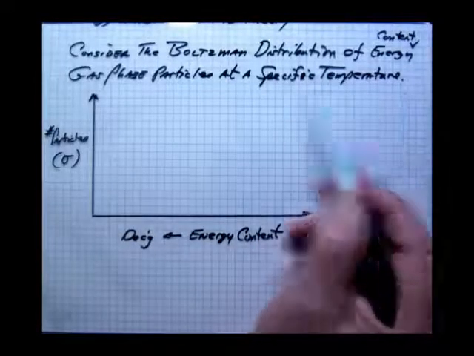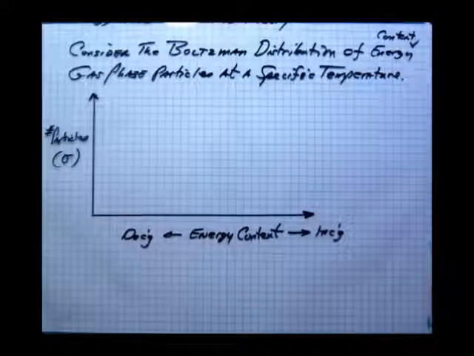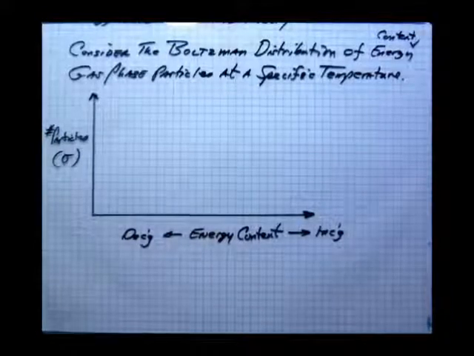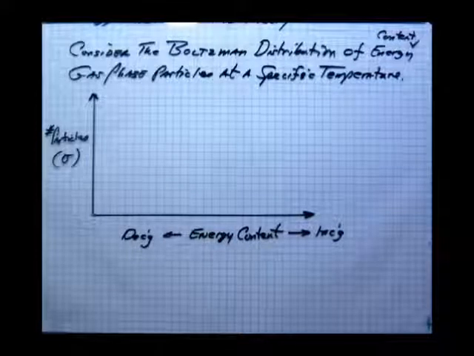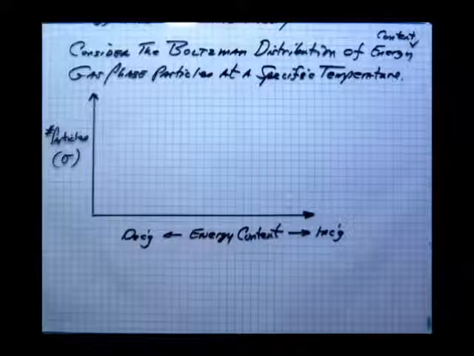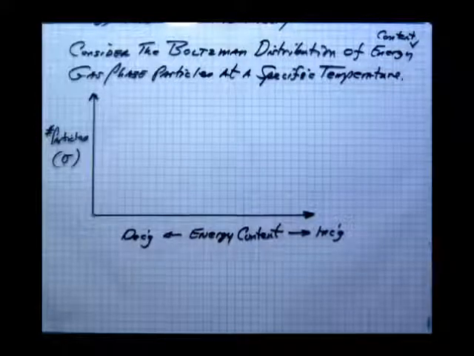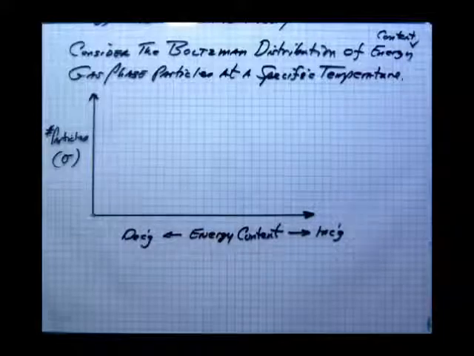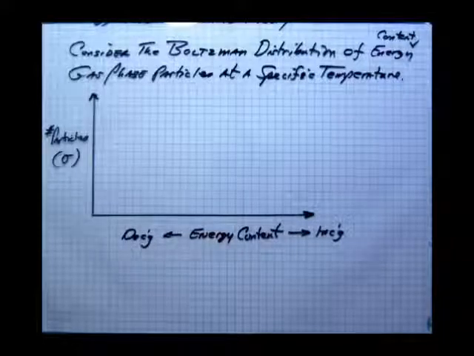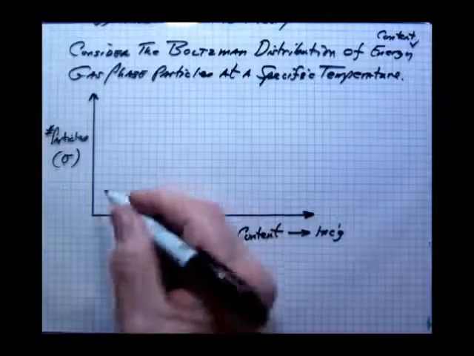At a specific temperature, as I specified in the note, we're going to take a temperature arbitrarily chosen, but we'll map the energy content of the particles at T1. And it looks like this.